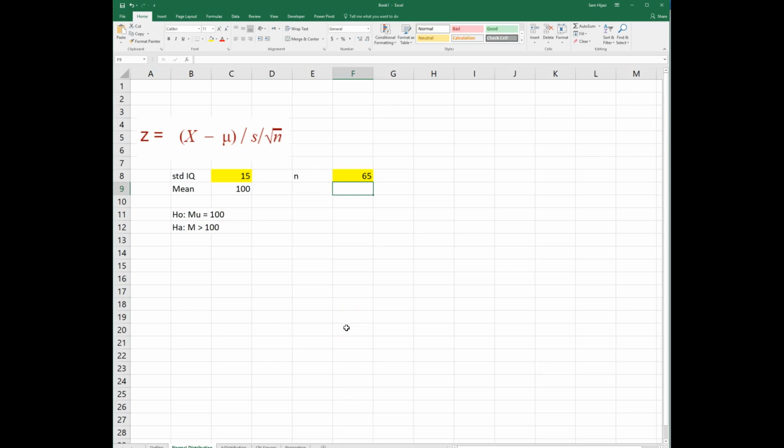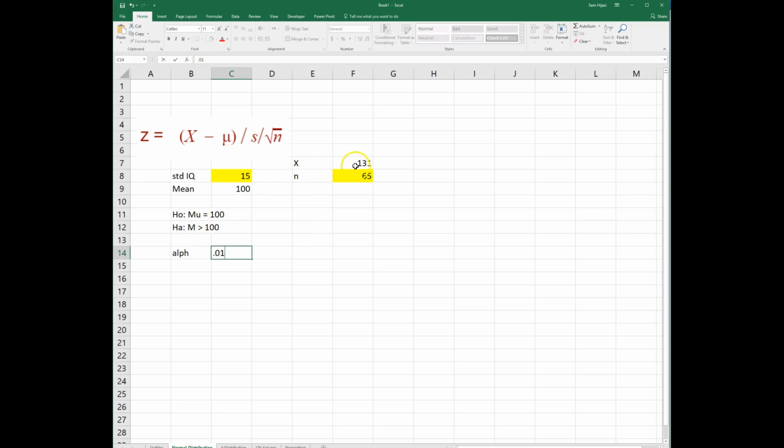This guy is really determined that his students' IQ is very high, and since he found the X bar to be 131, he said, oh, you could even test it at 99%. I don't care. So the alpha is going to be at 0.01, because he said he is confident at 99%.